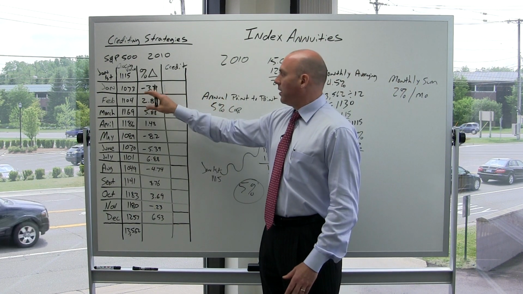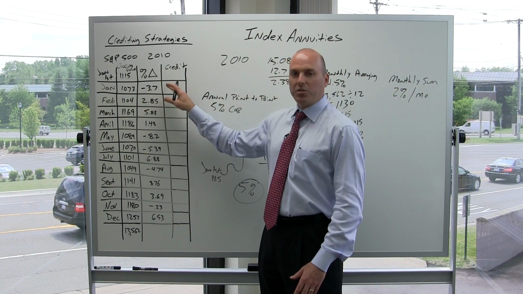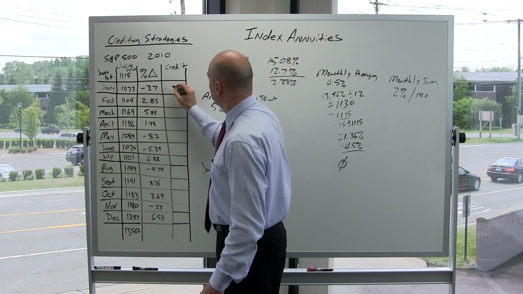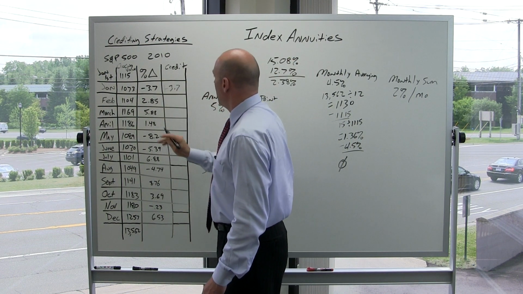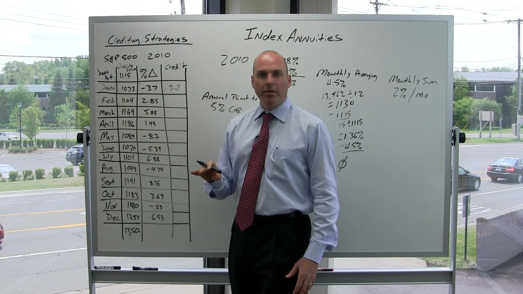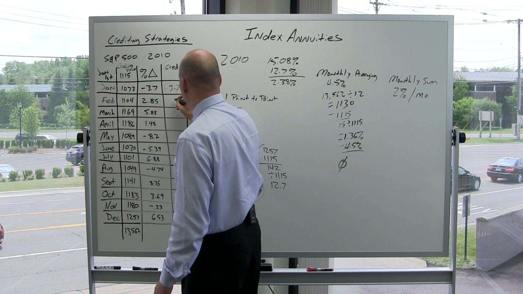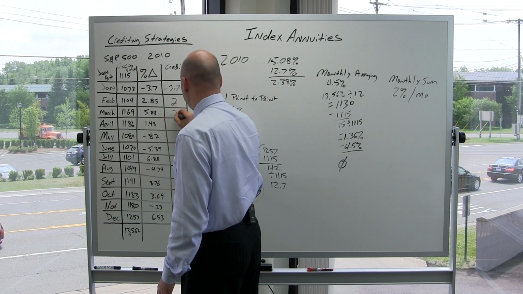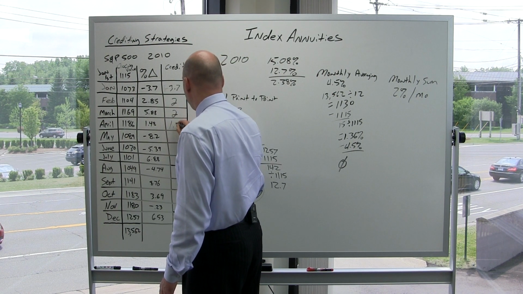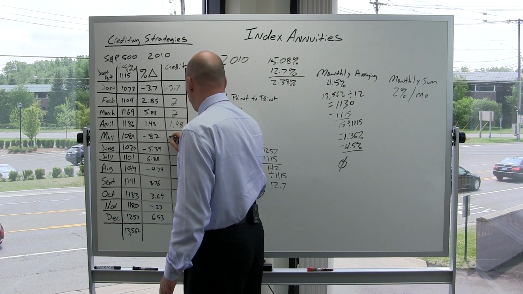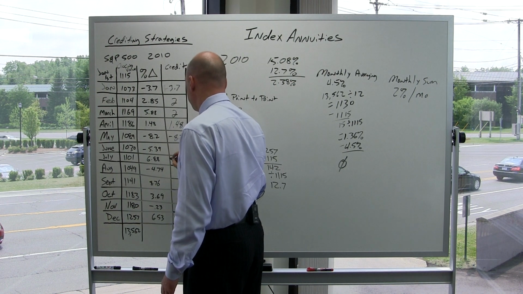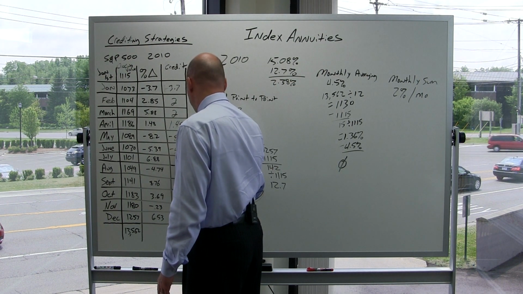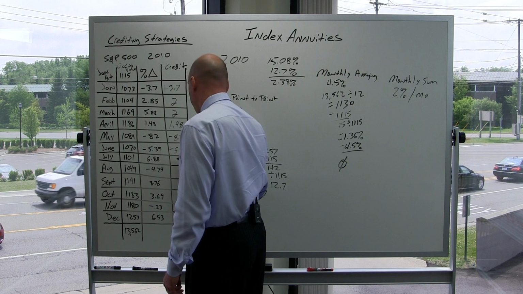So in January, our index on a monthly basis was down 3.7%. But in February, our index was up 2.85%, but it's limited by the cap, so that's 2%. In March, our index was up 5.88%, again limited by the cap. April, we were up 1.48. May, 8.2 negative. June, negative 5.39.